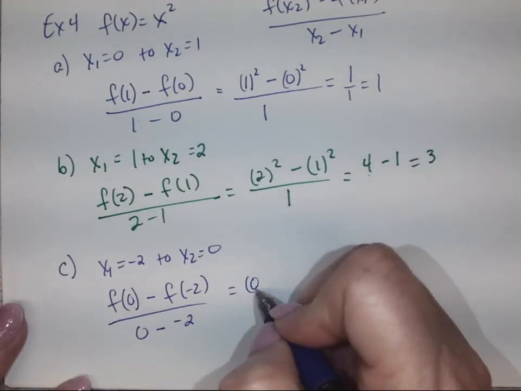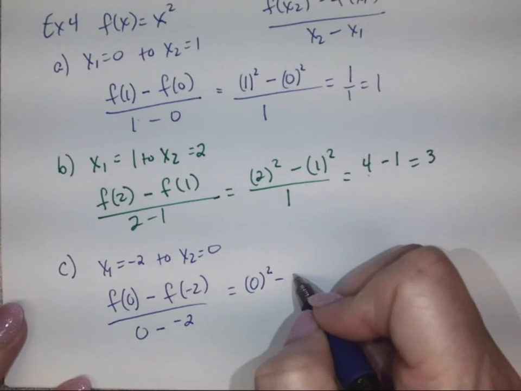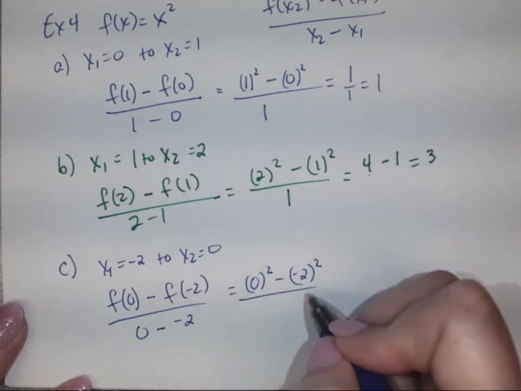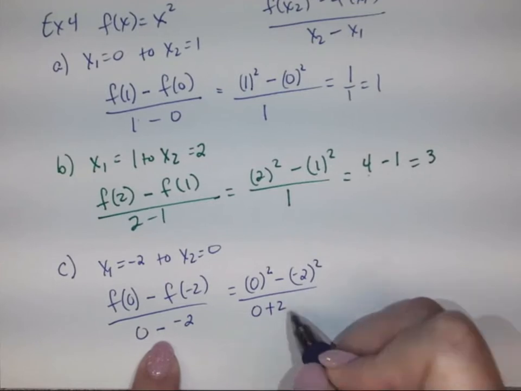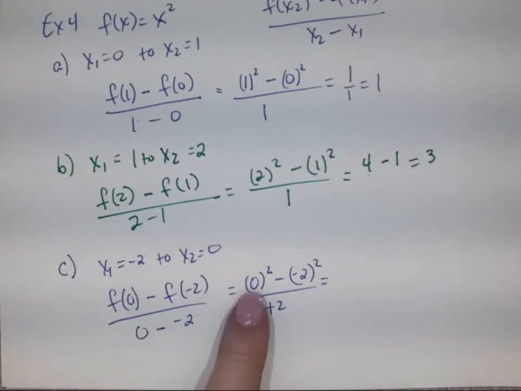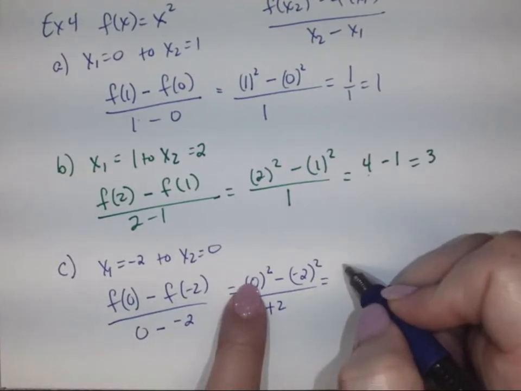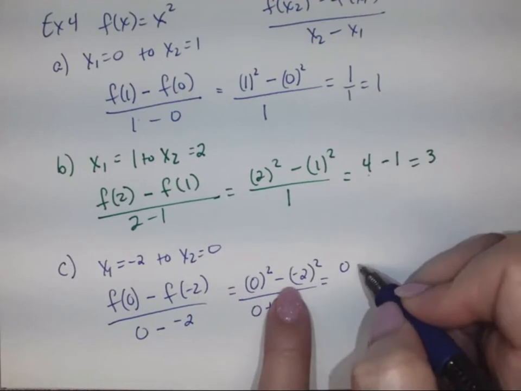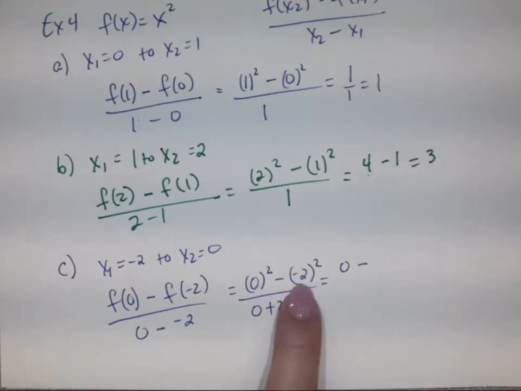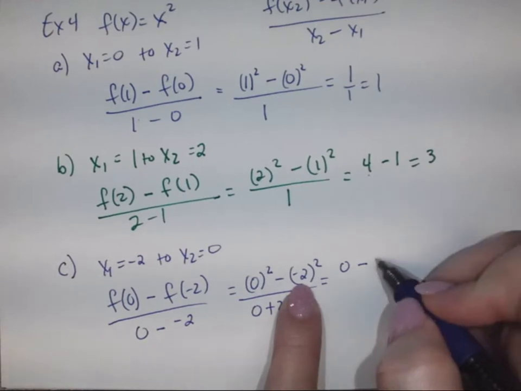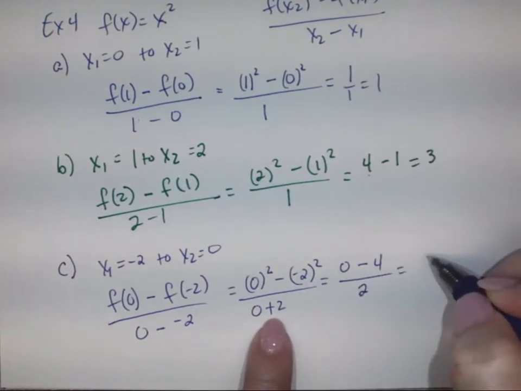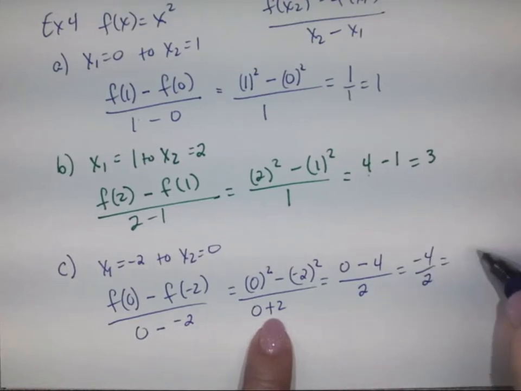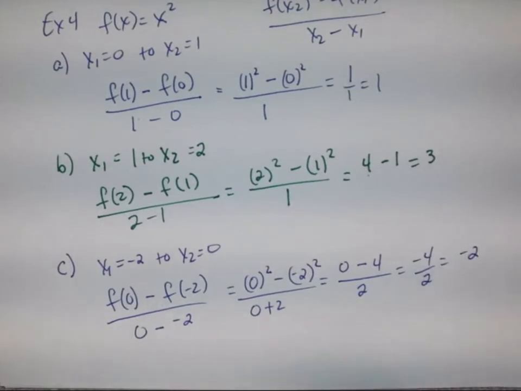So this will be 0 squared minus negative 2 squared, and this will become 0 plus 2. So 0 squared is 0 minus negative 2 squared is actually positive 4, and 0 plus 2 is 2. So it's negative 4 over 2, which would become negative 2.